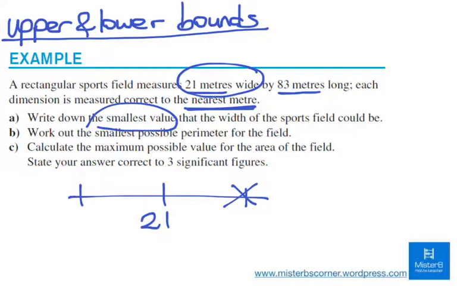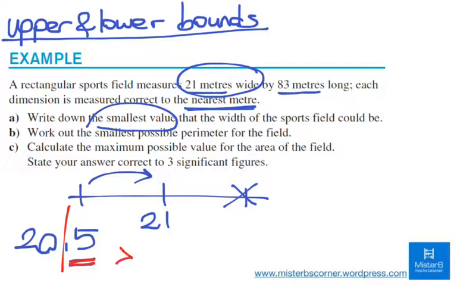So the lower bound will be the least number that will round up to 21. So I know the rule is that it should be 0.5, right? If the decimal part is 0.5 here, I can round it to 21. So I will end up with 20.5. Why? If I consider this number and cut it from here, here is 5.